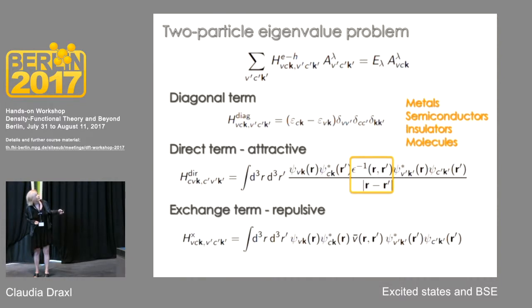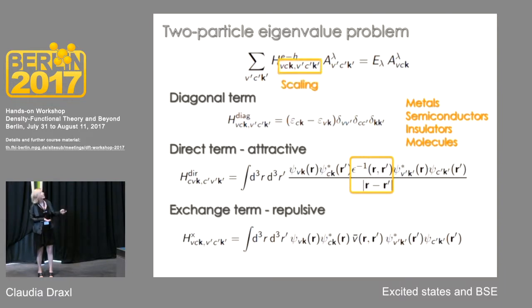So from the screening, you could also already guess how important this electron-hole interaction is in different systems. So in metals, you have very high electron densities, so the electrons are very well screened. That means that electron-hole interaction hardly plays a role there. But in semiconductors, insulators, molecules, so the larger the band gap is, or the smaller the electron density is, the less efficient is the screening, and the more important this attractive term will be.